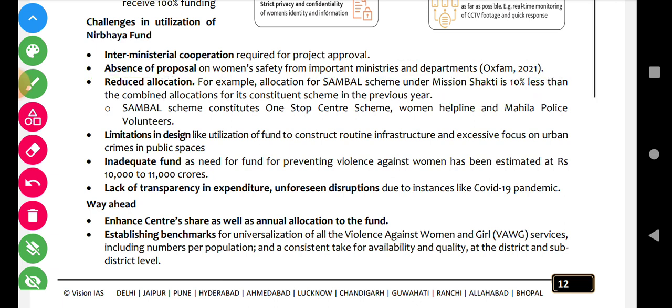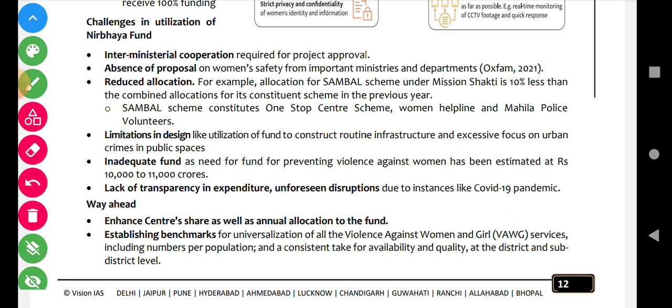Oxfam International, Oxfam 2021, reported reduced allocation. For example, allocation for the Sambal scheme under Mission Shakti is 10% less than the combined allocations for its constituent schemes in the previous year. The Sambal scheme constitutes the one-stop center scheme, women helpline and Mahila police volunteers.